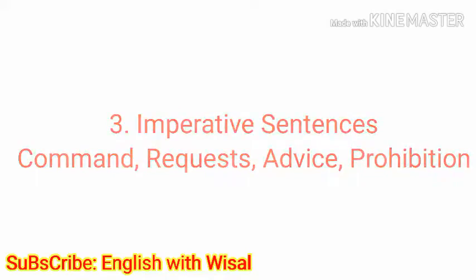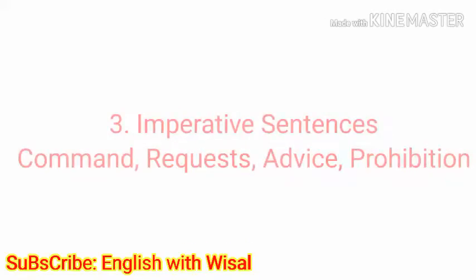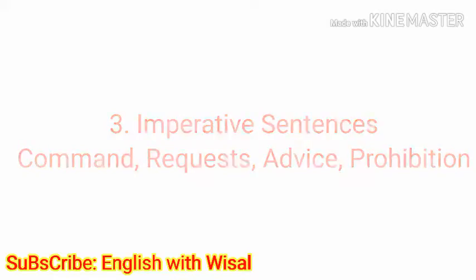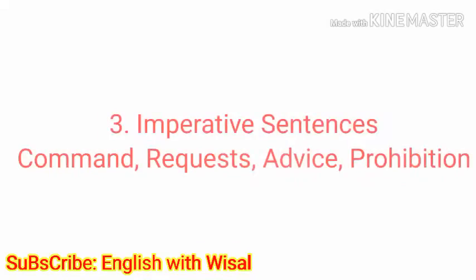And prohibition. When someone is doing something wrong and we forbid that, we use such sentences, and these sentences begin with do not. And when we combine it, it becomes don't.